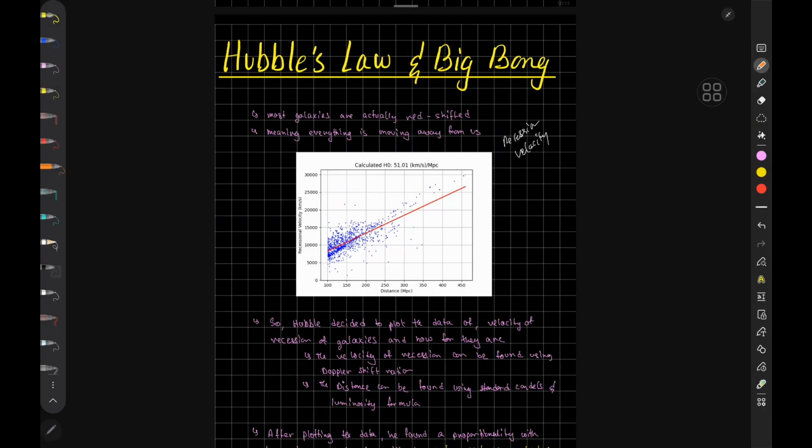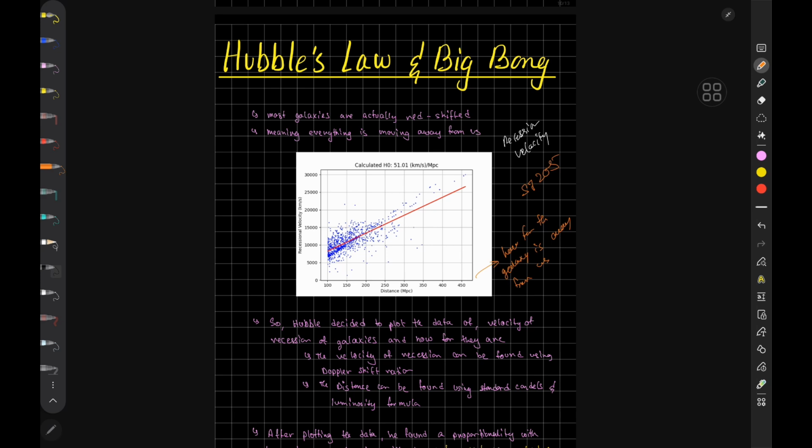On the y-axis you have the velocity, and on the x-axis you have how far the galaxy is away from us. So let's say a star, SJ205, is 150 megaparsec away from us.